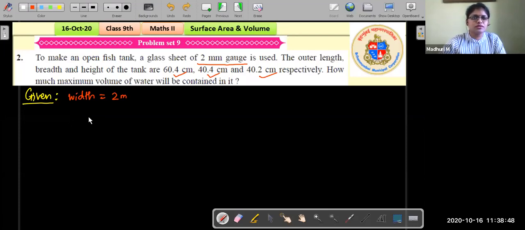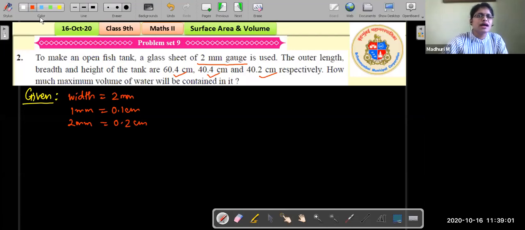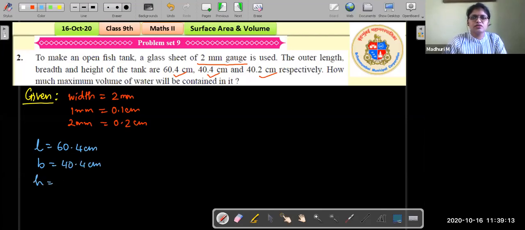In other words we can also write it as 1 millimeter equals to 0.1 centimeter. So of course 2 millimeter will be 0.2 centimeters, right? And then what are we given? We are given length equals to 60.4 centimeter, breadth equals to 40.4 centimeter, and height equals to 40.2 centimeter.